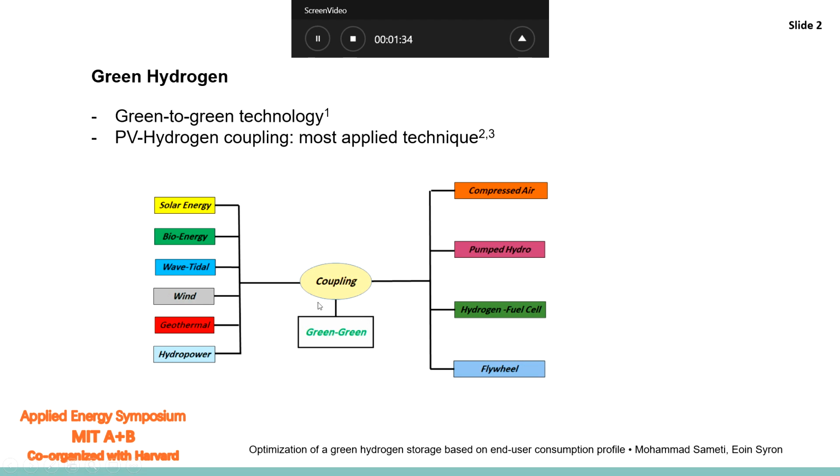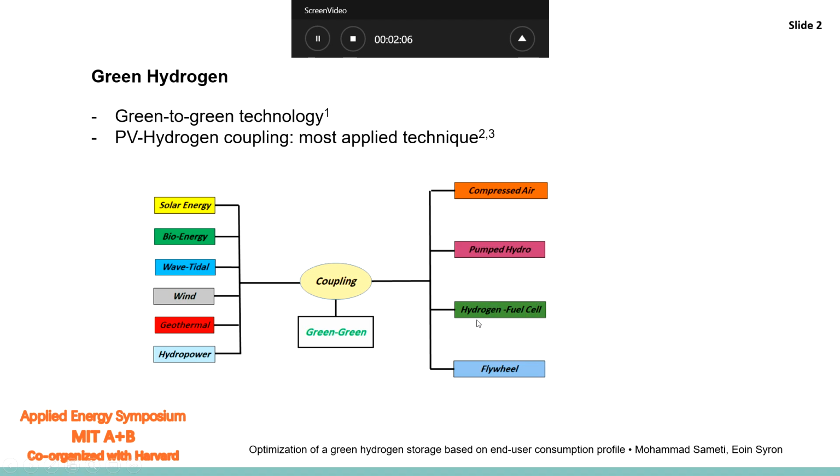Now, green to green technology is the coupling or integration of those resources with appropriate environmentally friendly storage systems, such as compressed air, pumped hydro, hydrogen and fuel cell, and the mechanical ones where flywheel is one of them. Also, battery can be included here, not all of them, some of them.